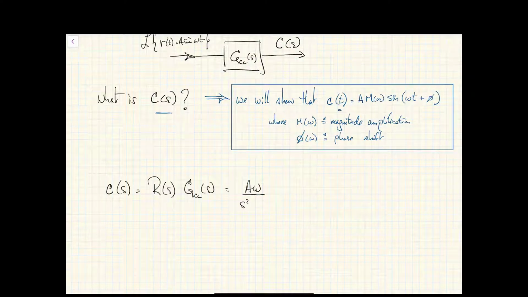And of course, I could have done this exact same analysis using A cos omega t as my input with no loss of generality, as you know, the two are simply related by a phase shift. All that times my closed loop transfer function.